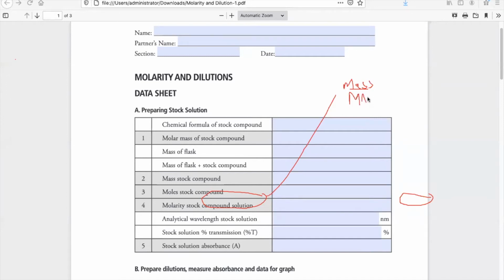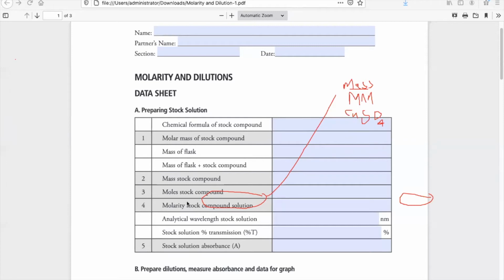And I just showed you the chemical formula for the compound. It is CuSO4, with a subscript four right there, to give you the number of moles of the stock compound.